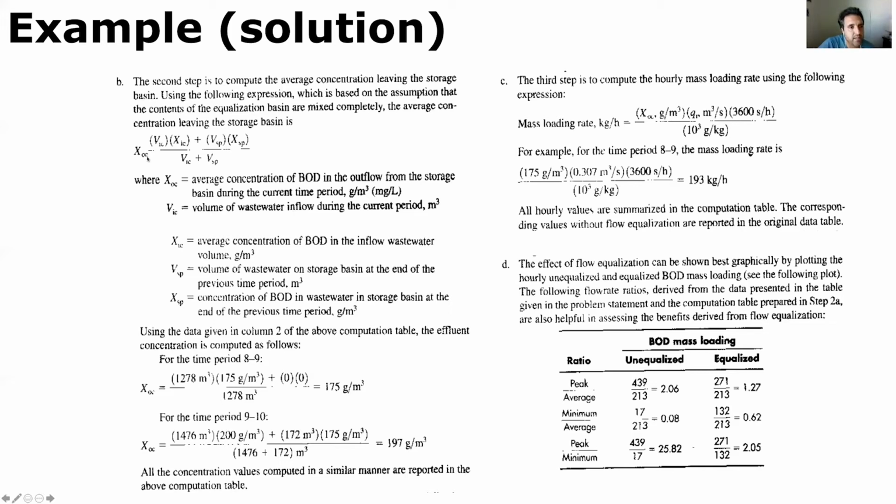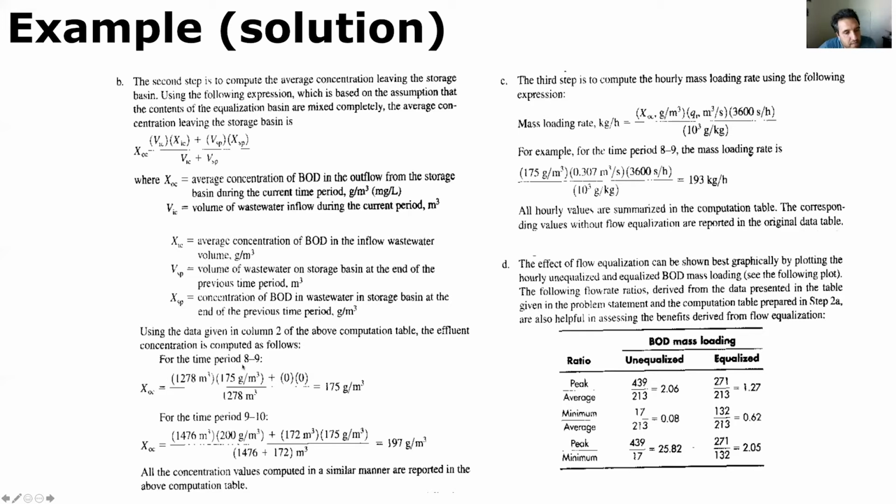So we get a mass of BOD that's coming into the tank. We add that to the mass of BOD that was already in the tank in the previous hour, so from the previous calculation, and then we divide that cumulative mass by the cumulative volume, meaning the volume that was already in the tank and the volume that was just added to the tank in the past hour.